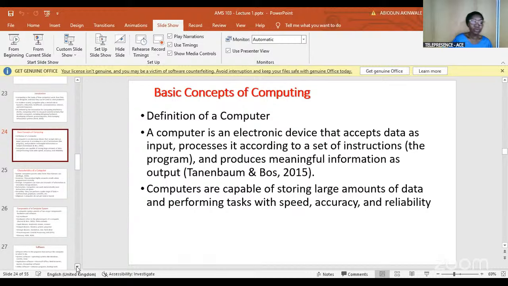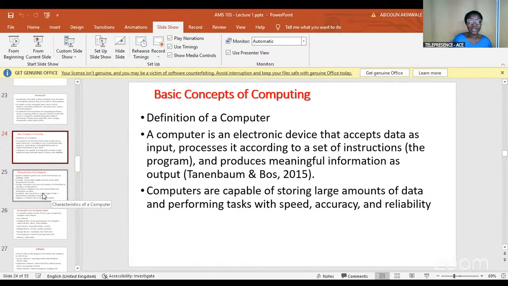So what do we mean by computer? I know many of you are familiar with this general definition of a computer as an electronic device that accepts data. When it accepts, it doesn't just accept and swallow like amala. Somebody will eat amala, and of course the amala is also doing some work, it has benefited you. It is there and then it has been processed.